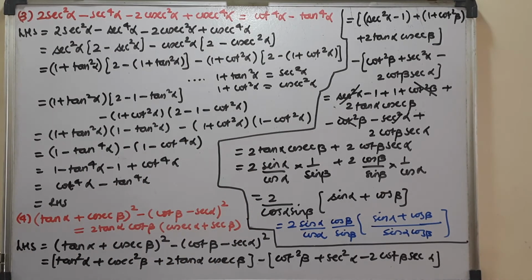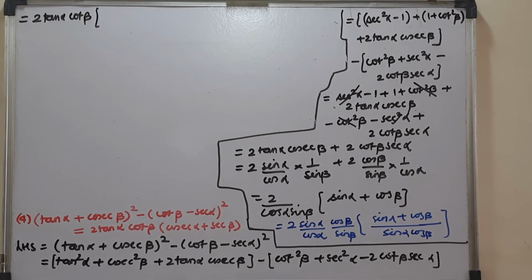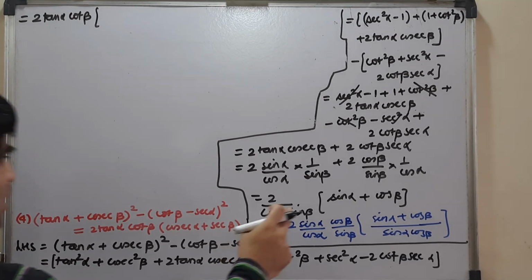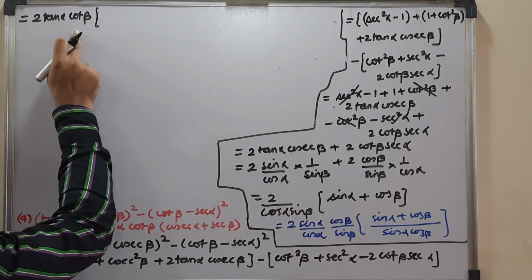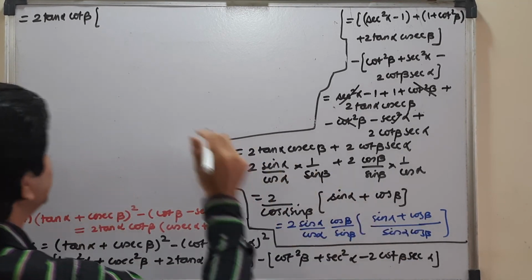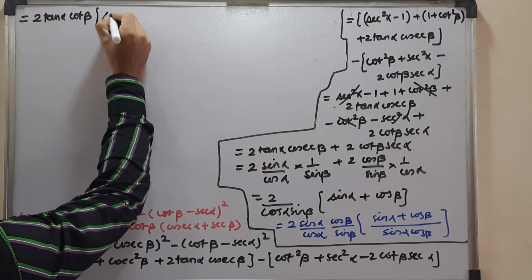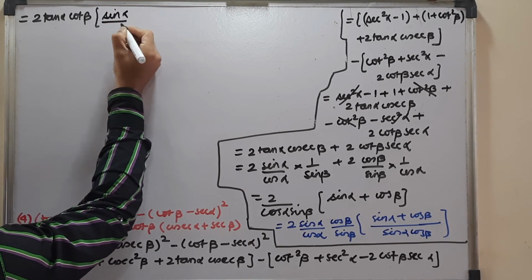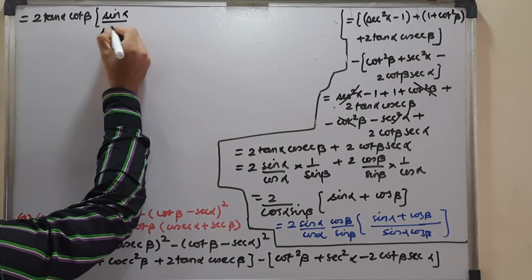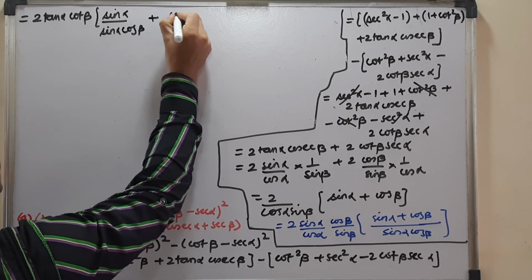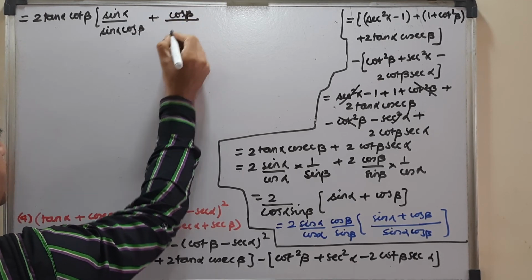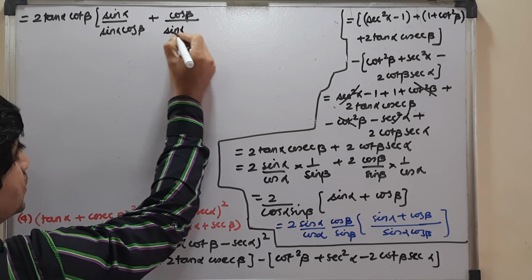So now I get sin alpha upon cos alpha becoming tan alpha, cos beta upon sin beta becoming cot beta. Now this denominator is separate to both. That will be sin alpha, that is due to both, upon sin alpha cos beta, plus cos beta upon sin alpha cos beta.